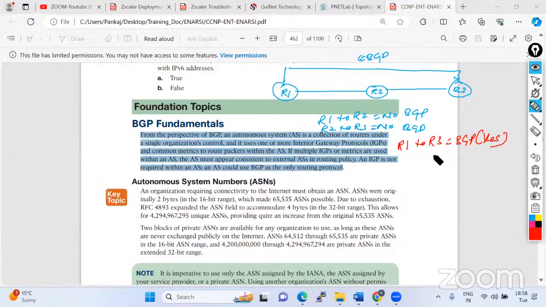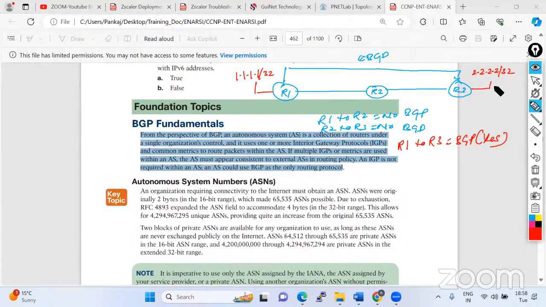Because BGP has one condition. Whatever addresses I'm going to use, let's suppose I use the address 1.1.1.1/32 as a loopback here, and 2.2.2.2/32 here.